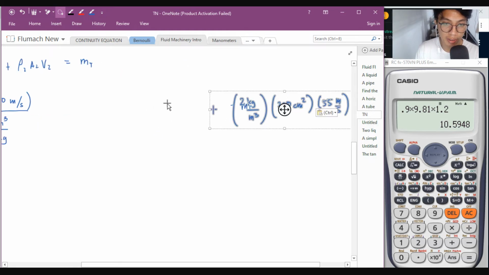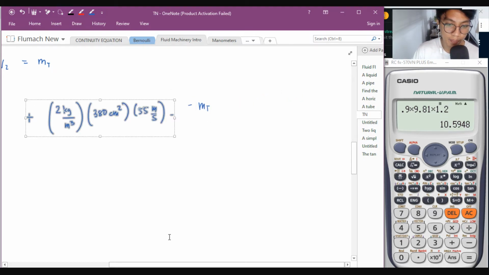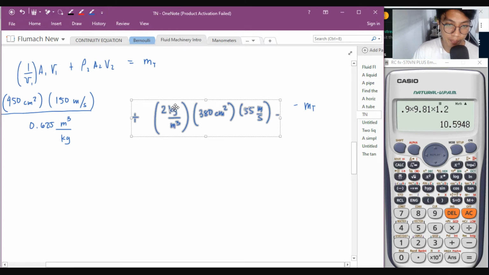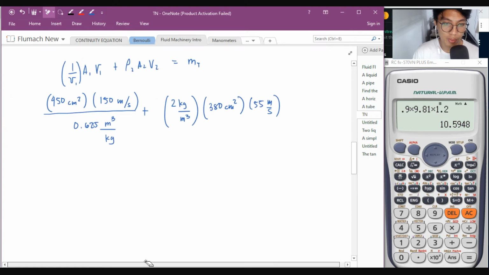Ayan. So, kailangan natin i-multiply siya with what? Yung conversion factor ng cm squared. Kailangan matanggal yung cm squared.